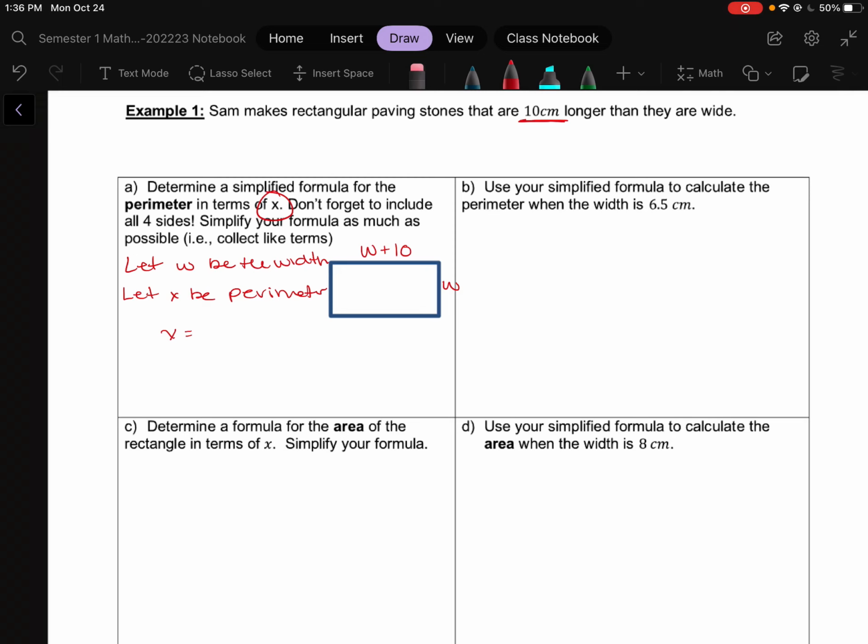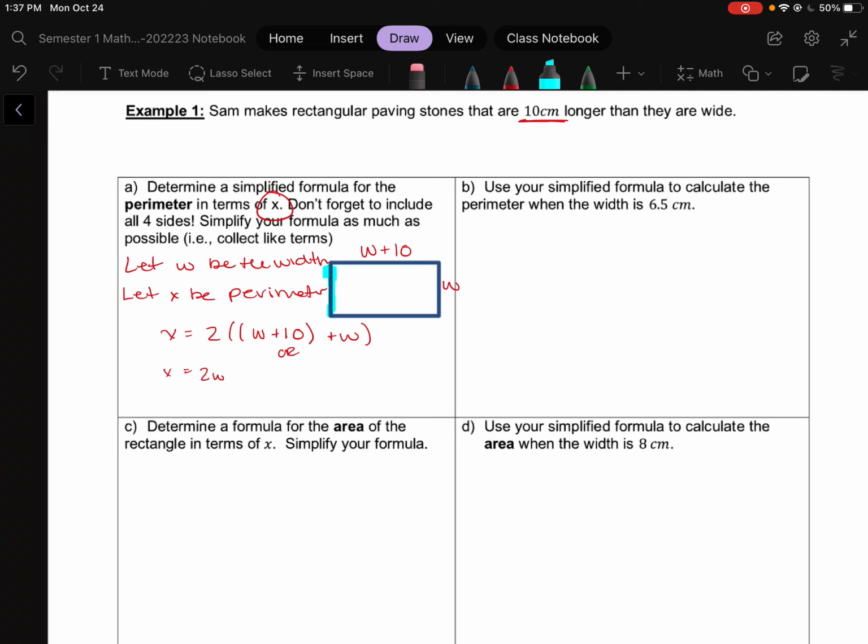So we can write this formula in 2 different ways, okay? We can either write it because we are doing perimeter, so that's side plus side plus side plus side, or we can write it as 2, because we're going to multiply it by 2. We're going to have 2 brackets, W plus 10, bracket plus W. Okay, so we can have it that way, or we can write it as X equals 2W, which is for our one side.